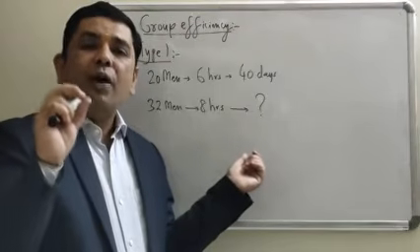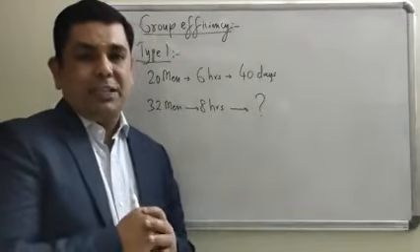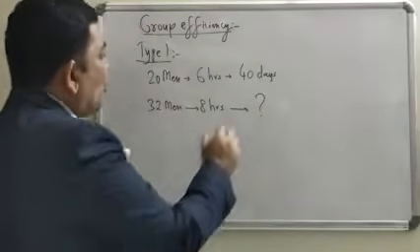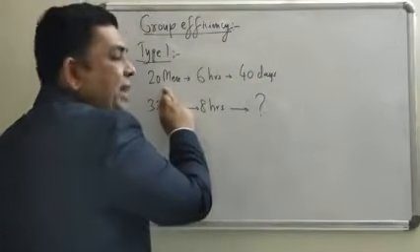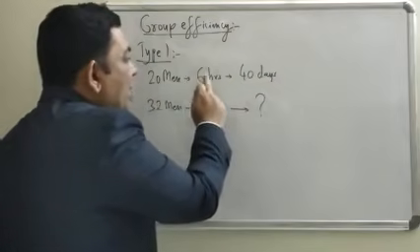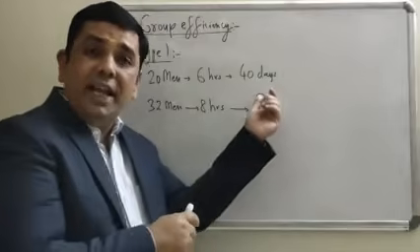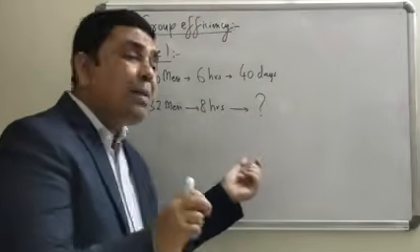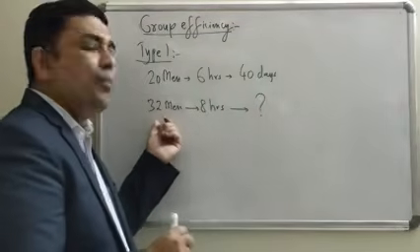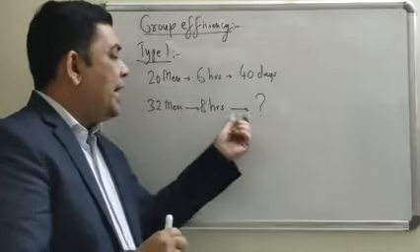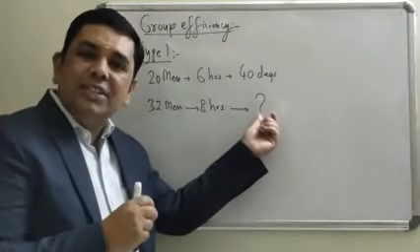Now you have to understand a very simple aspect. The total work done by 20 men working for 6 hours in 40 days is the same as the total work done by 32 men working for 8 hours in say X days.